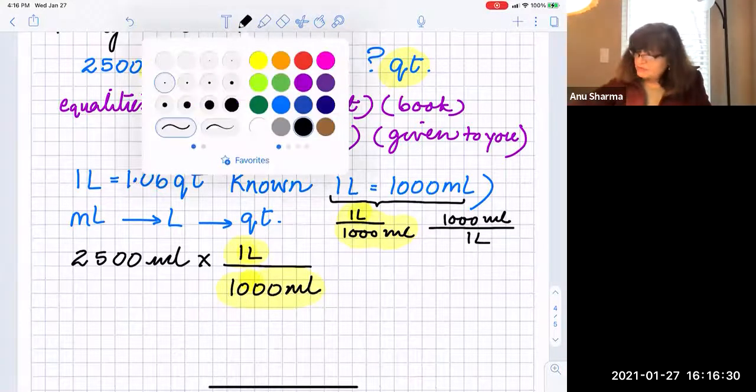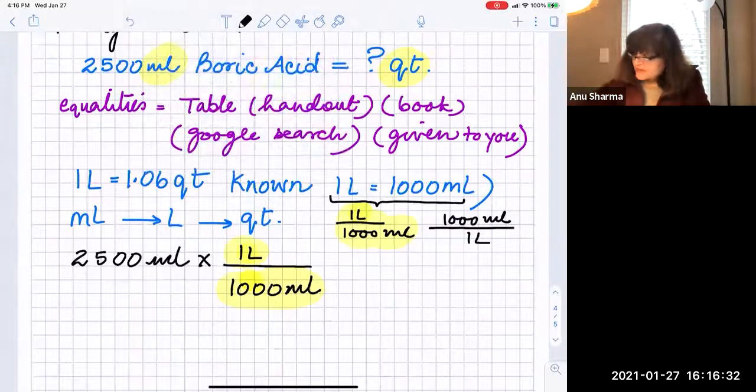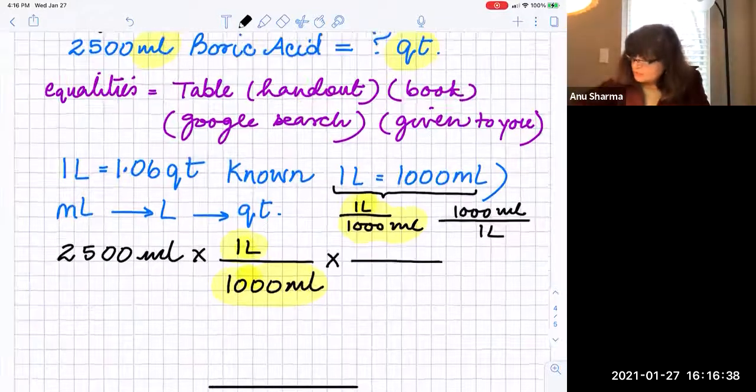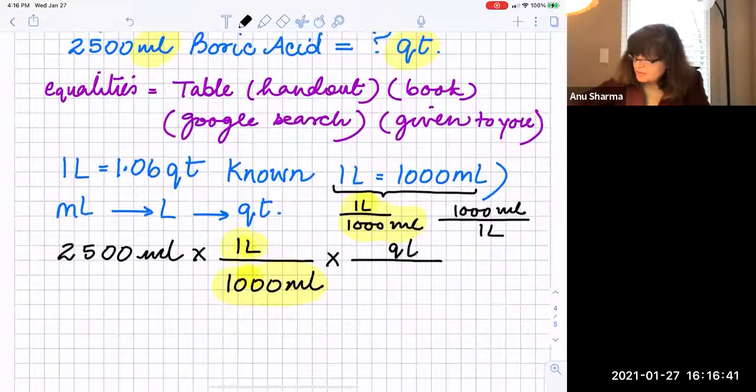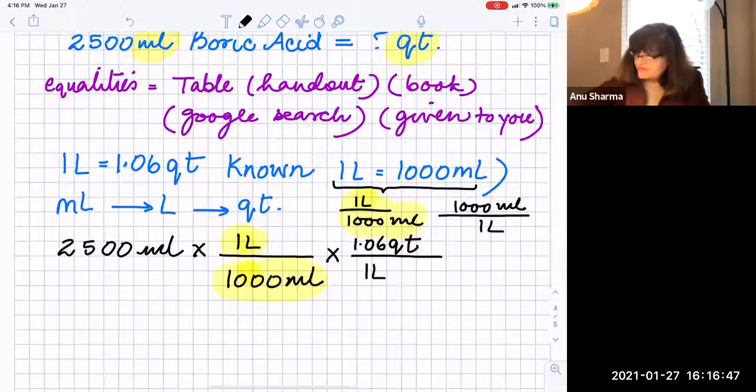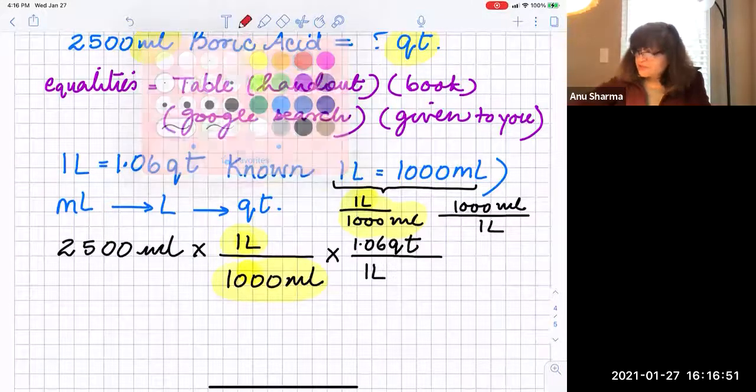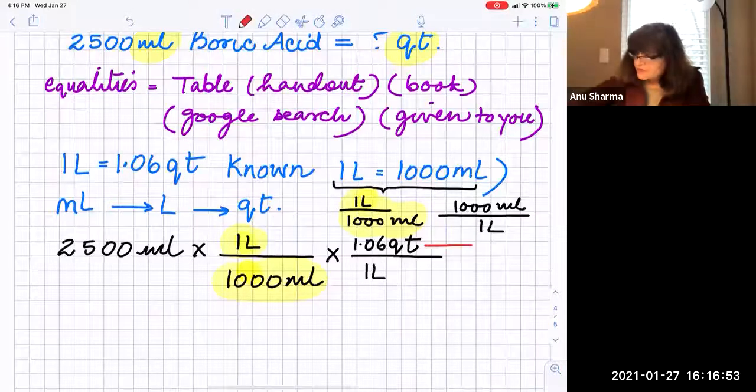You can move forward with this. The next thing is that the question is asking us to find the quarts. So the quarts is going to be on the top, 1.06 quarts over 1 liter. We want to get rid of the liters because the final answer has to be in quarts.